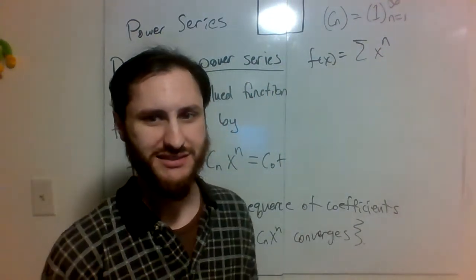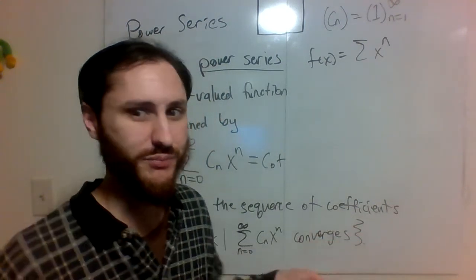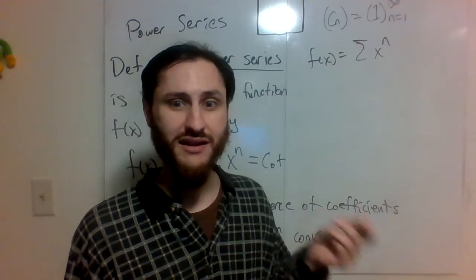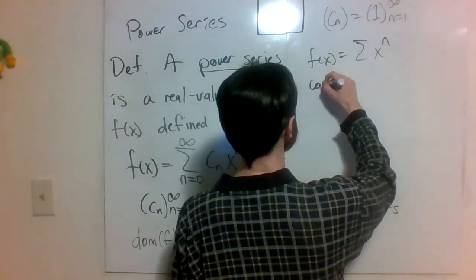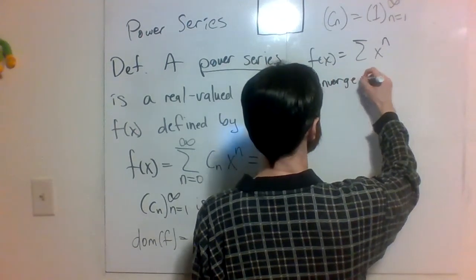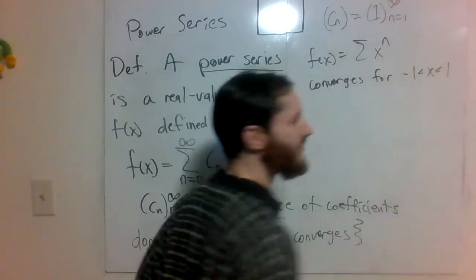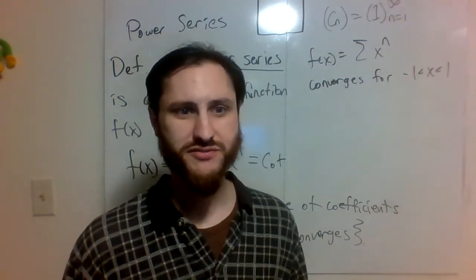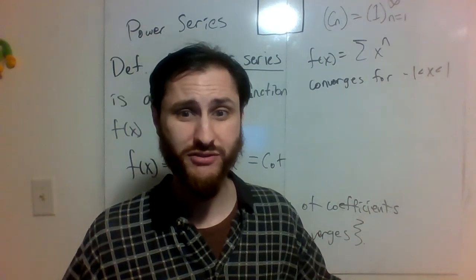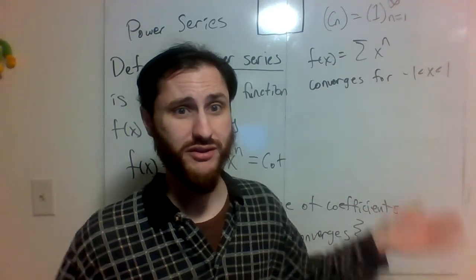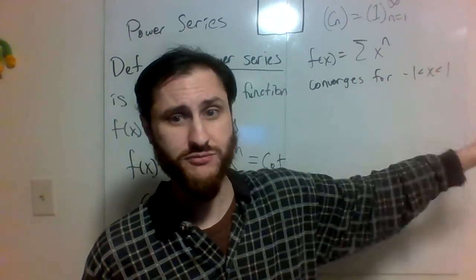Well, that just gets us the sum of x to the n, which is a geometric series. We know particularly when that converges. It converges for everything between -1 and 1, and it diverges for everything else. Therefore, this function f of x is only defined for -1 to 1.